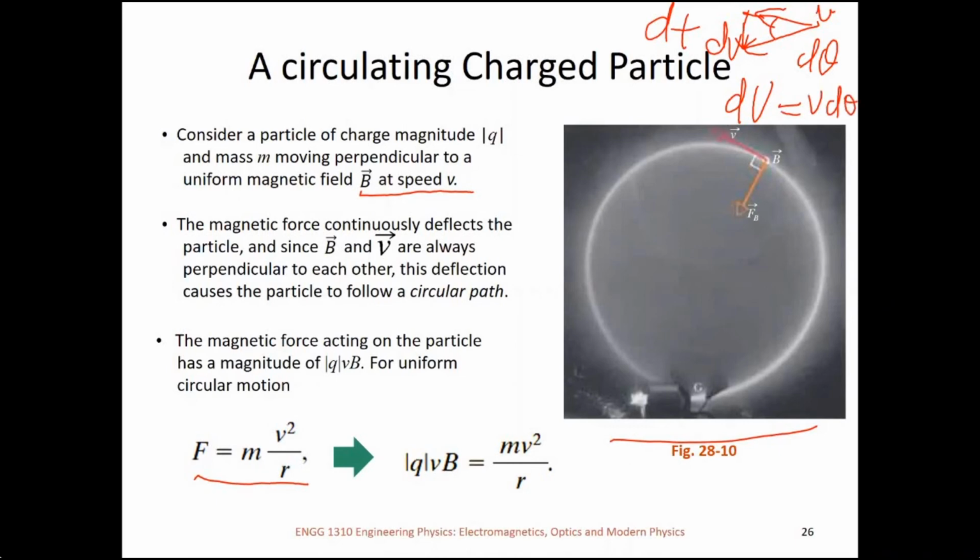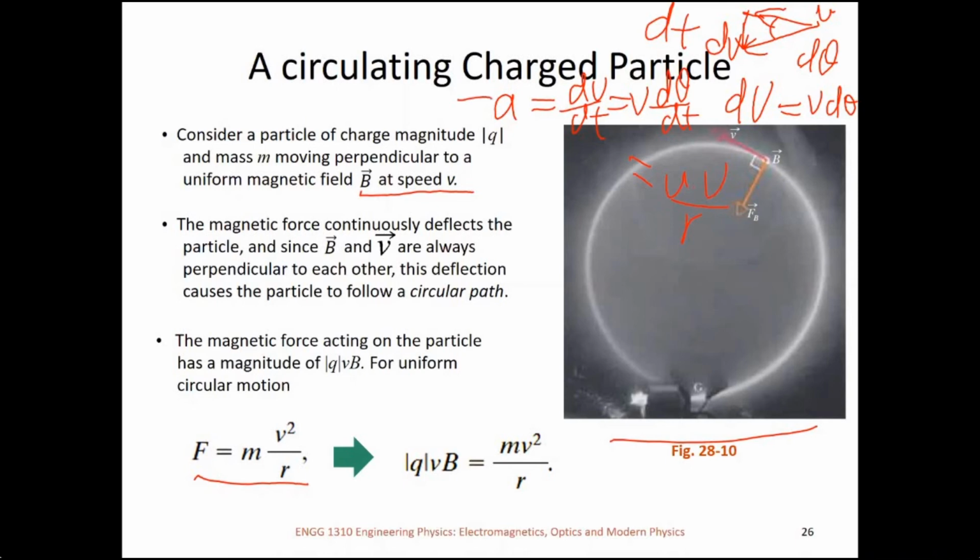So the acceleration, the changing rate, should be dv dt, which is v d theta dt. And d theta dt is just the angular frequency, right? Angular frequency can also be written as the velocity over the radius. So on the right-hand side it would be velocity multiplied by velocity over the radius.